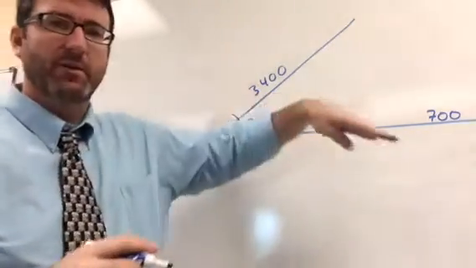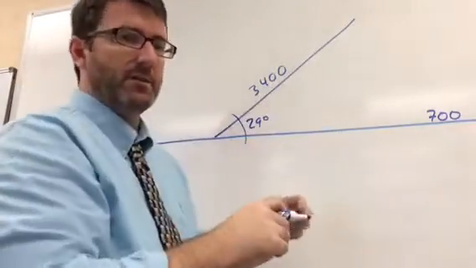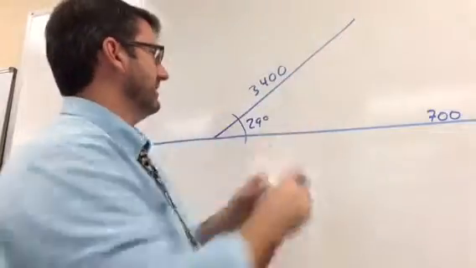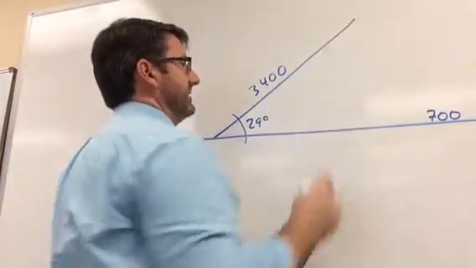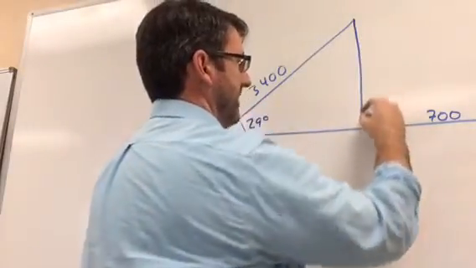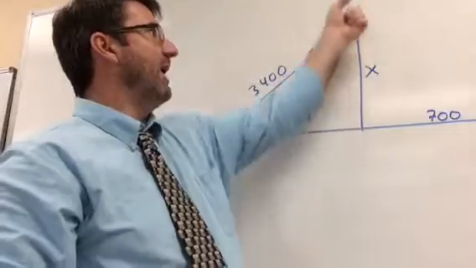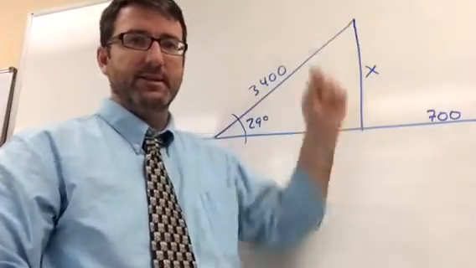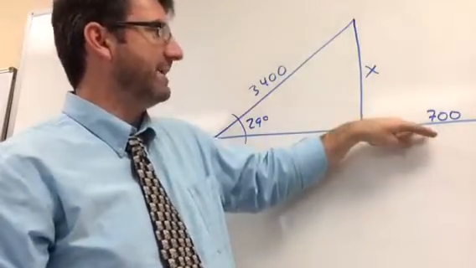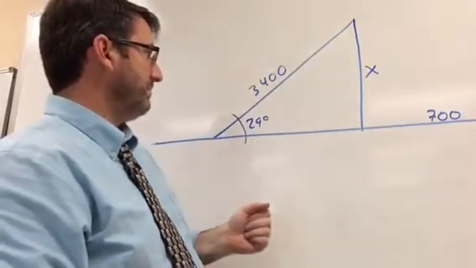Now the staircase might go at a shallower angle at some points and steeper at other times, but we're told that the average angle, so the angle up here to the top, is 29 degrees. And then let's just complete this triangle, because what we're trying to find now is how high does this go up, and then we can add that to 700, and that'll give us our elevation at the top.